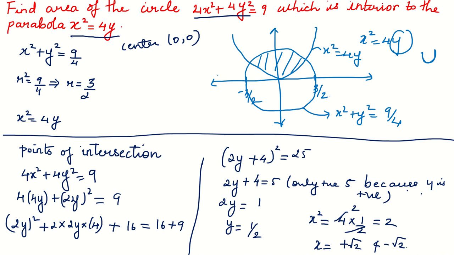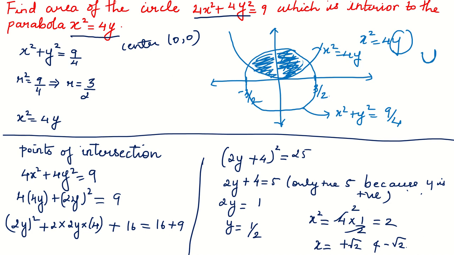But if you look clearly, just because the diagram is crooked, this side and this side are symmetric. So if I find the area of only this part, then I can multiply it with 2 to get the total area of this interior plus this interior.